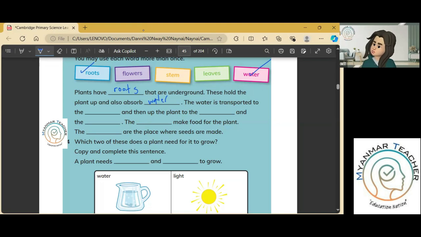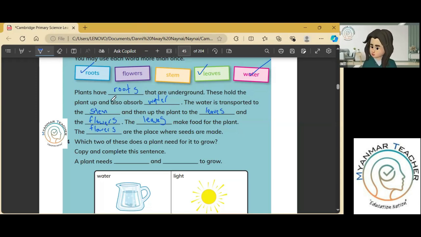The water is transported to the stem, then up the plant to the leaves, and the flowers. The leaves make food for the plant. The flowers are the place where seeds are made. So basically the reproduction part.